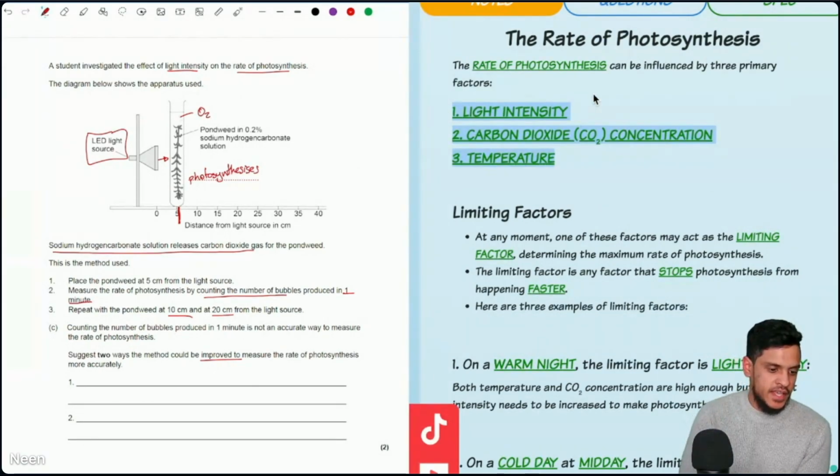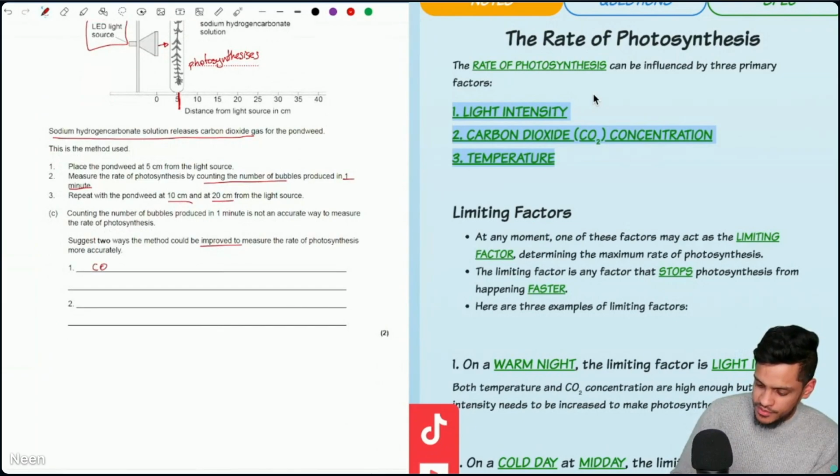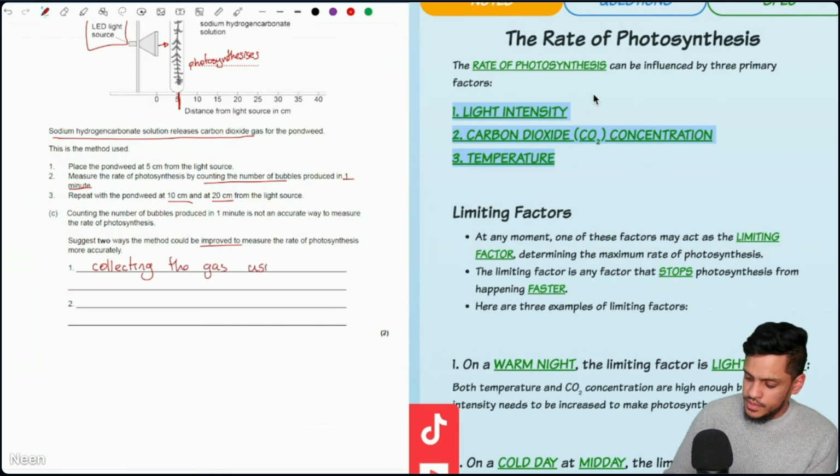Collecting the gas. Yes. Do you know how you can collect the gas? What can you use to collect the gas? We come across this in chemistry. Using a gas syringe.